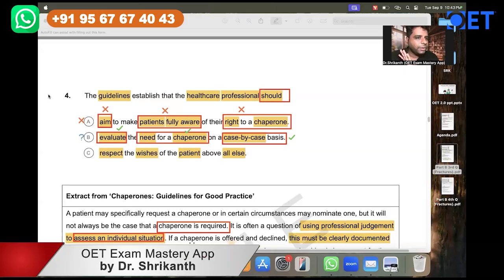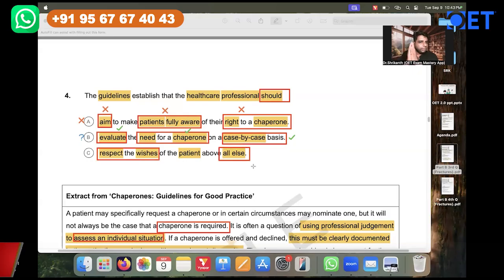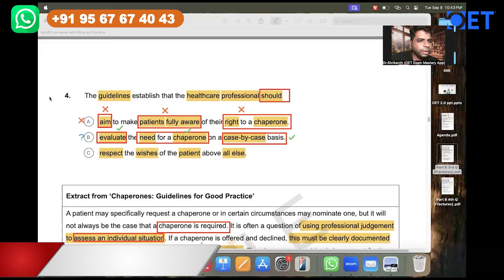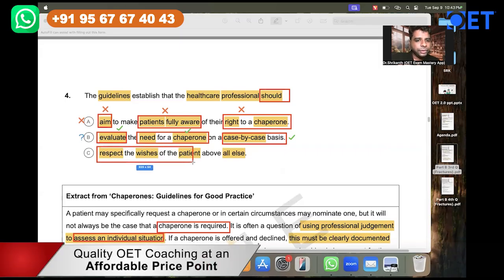But what about answer option C? Answer option C is telling: respect the wishes of the patient above everything else. Now see, it's a very, very strong phrase. It means if the patient is telling anything, according to the guidelines, this is what they have to do. Over here, the healthcare professional should respect the wishes of the patient.